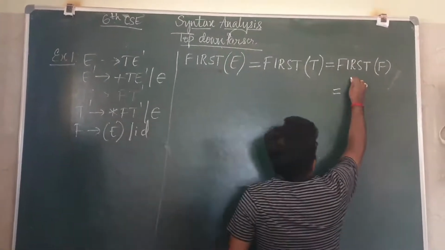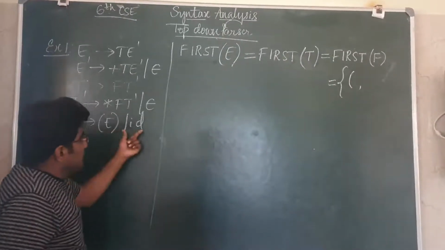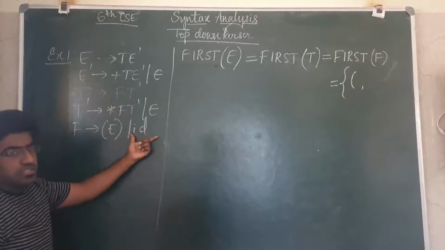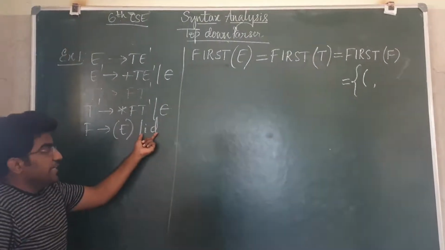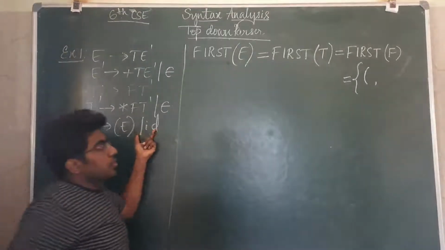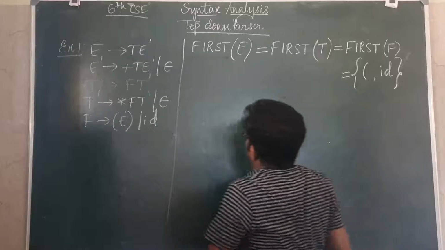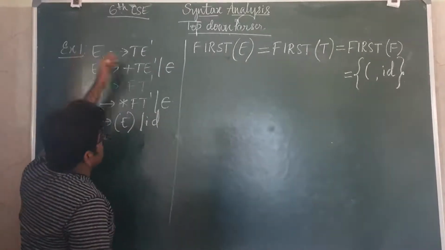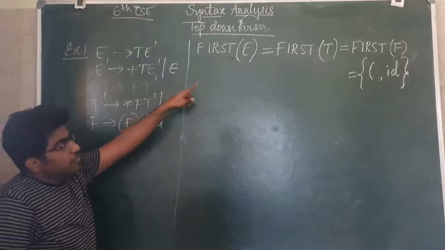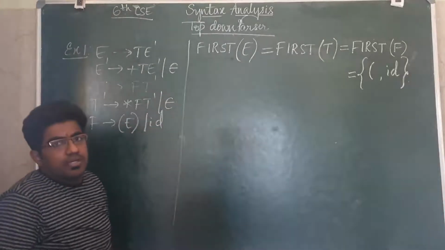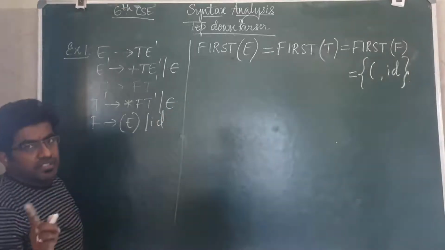So first of F has the open brace. This is a separate production, and in this production also we check whether there exists any terminal. ID is a terminal. Okay, till here you got it. So this is first of E, first of T, first of F.